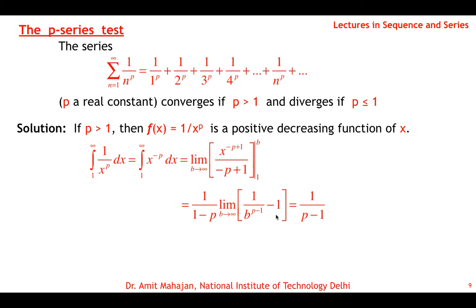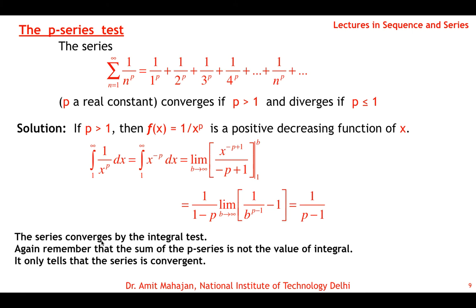And when limit b goes to infinity, because p is greater than 1, the denominator goes to infinity, and so this term is 0, and so we get minus 1 times this, so 1 over p minus 1. Okay, and so you can see that the integral gives a finite value, so the series is convergent for p greater than 1. Okay, so the series converges by the integral test.